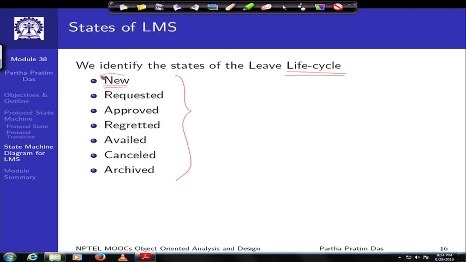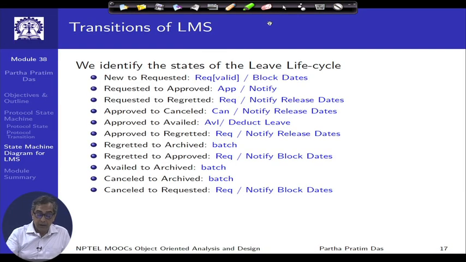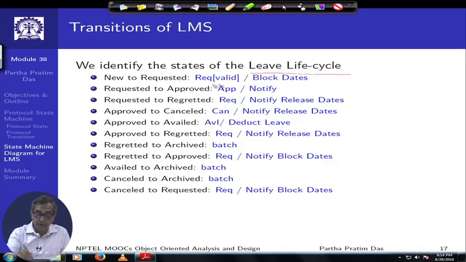So, when that happens, it is just a new leave, and after the validation, when the request has been registered in the system as a valid leave, not approved yet, then it could be in the requested state, and based on the request, the lead or the manager may or may not approve, and therefore, it could go to the approved state or the rejected state and so on.